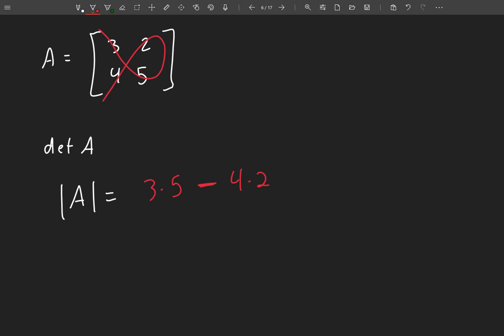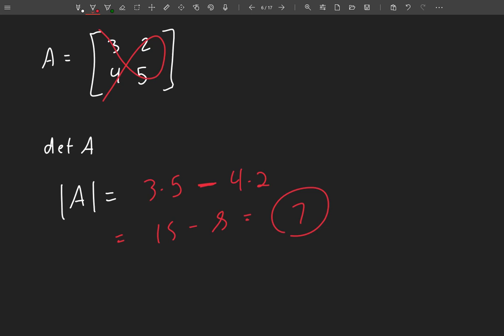It looks kind of like a fish. So you start from the top left, swoop down, and then go back down to the left. And when you do that, 3 times 5 is 15, minus 4 times 2 is 8, and that's going to give me 7. So that is the determinant of that matrix. And that's all there is to it. You multiply, you subtract the two answers, and you get the number.